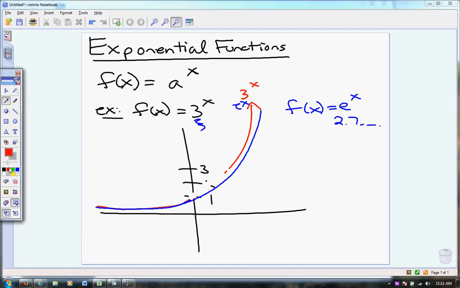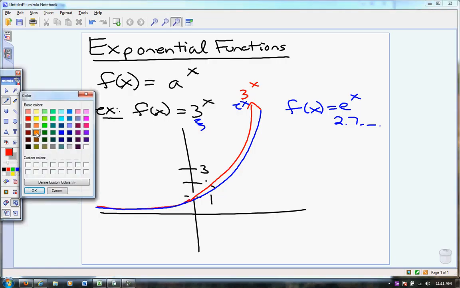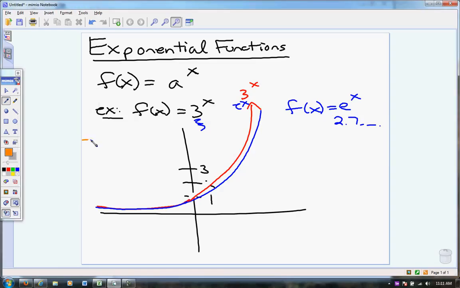Now, what would happen if I wanted to graph, I'll get another color, how about orange? What if I wanted to graph f of x equals 3 to the x minus 2 without a graphing calculator? I have people whispering in the room that I would go to the right 2.